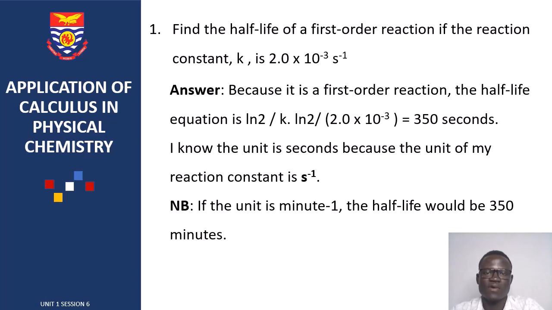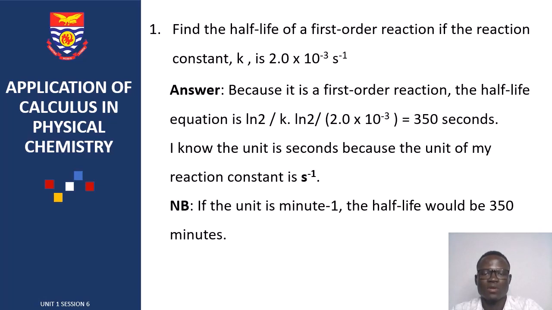As a first example, find the half-life of a first order reaction if the reaction constant K is given as 2.0 times 10 to the power minus 3 per second. To do this, you should be able to recollect the half-life of a first order reaction, which is the natural log of 2 divided by K. Approximately, that is 0.693.